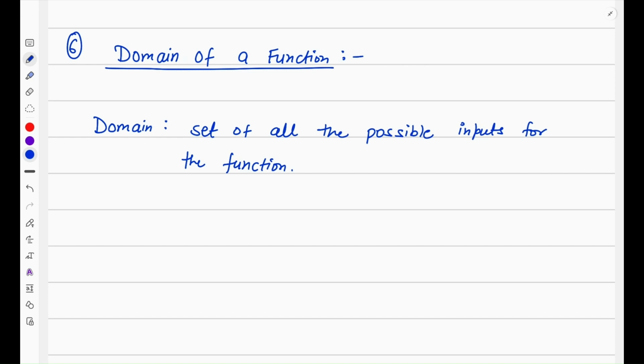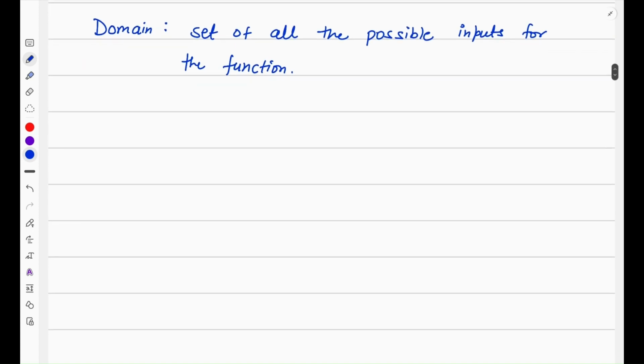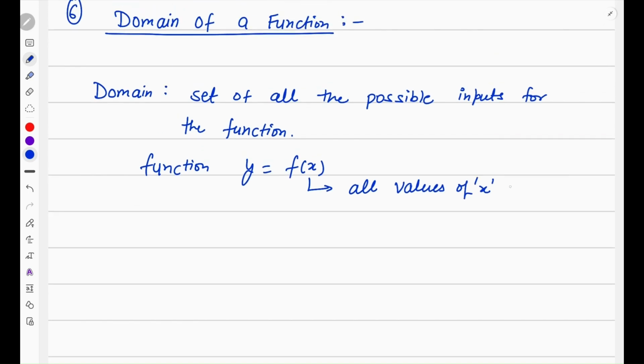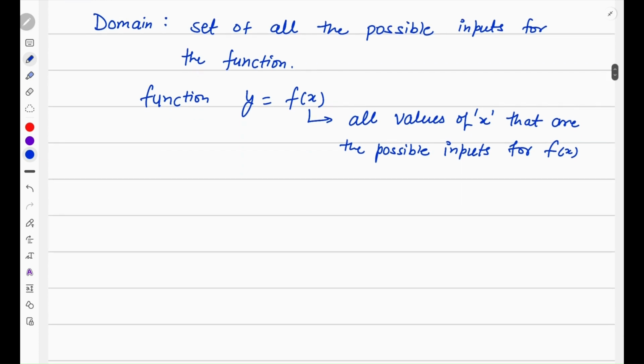So if we have a function y equal to f(x), all the values of x that are finite and defined, that can define the function, all the values of x that are the possible inputs for f(x), is the domain of the function, the set of the x.